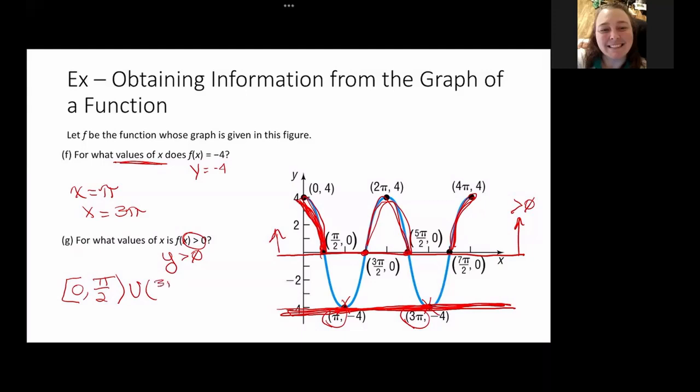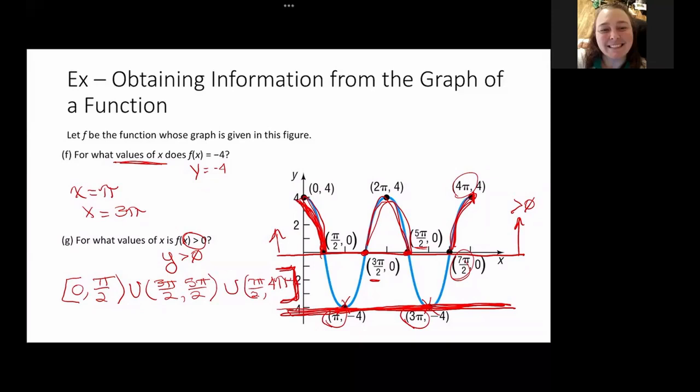It's going to be 3 pi over 2, which is here, to 5 pi over 2, and again, rounded union. Last but not least, this last little portion goes from 7 pi over 2 to 4 pi. At 4 pi, we are equal to, so let's put the square bracket.